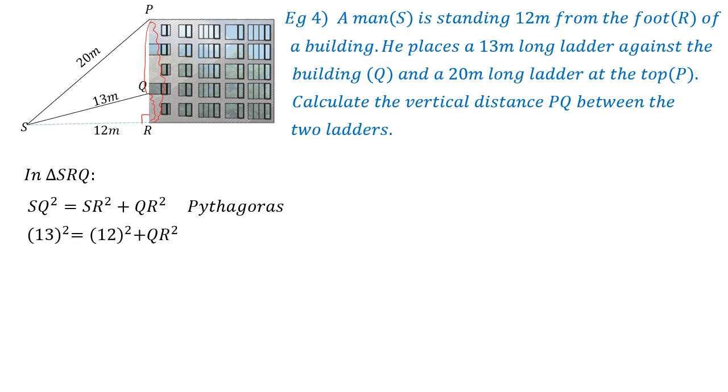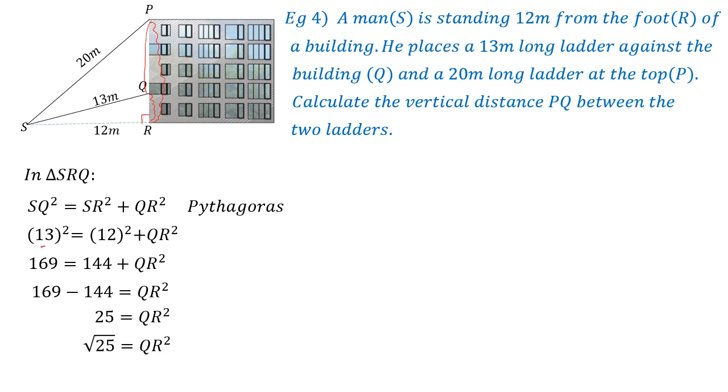In SQ's place, 13 squared equals SR was given 12 squared plus QR squared. 13 squared means 13 times 13, which is 169, equals, and 12 squared is 12 times 12, which is 144, plus QR squared. The 144 walks across, we subtract with 169, we end with 25 is equal to QR squared. And then we will take the square root both sides, and we end with QR is equal to 5. So this means it's this tiny little side over there.